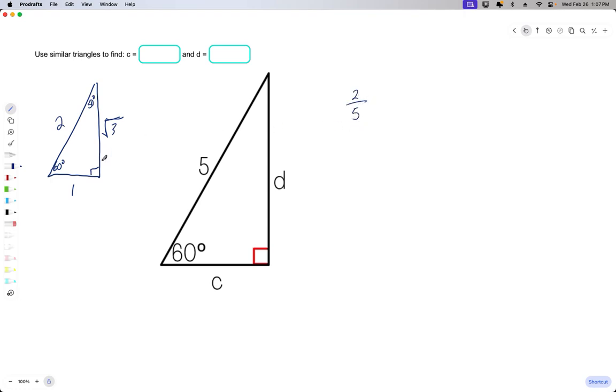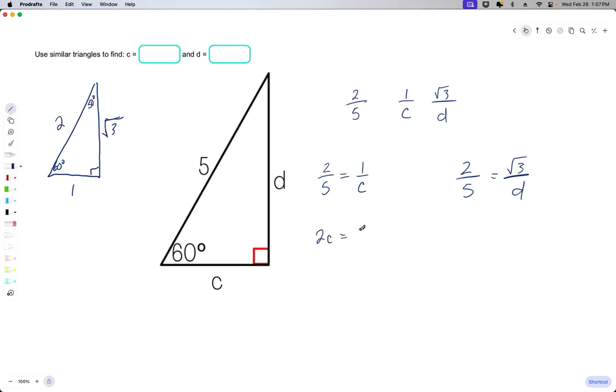I'm going from the similar to the new. Then you'd have the base would be 1 over c, and then your height would be square root of 3 over d. Now we just set up proportions. 2 over 5 equals 1 over c, and 2 over 5 equals square root of 3 over d.